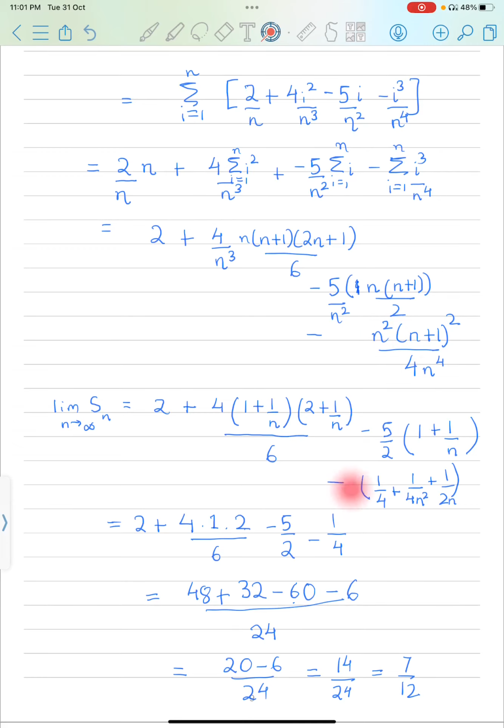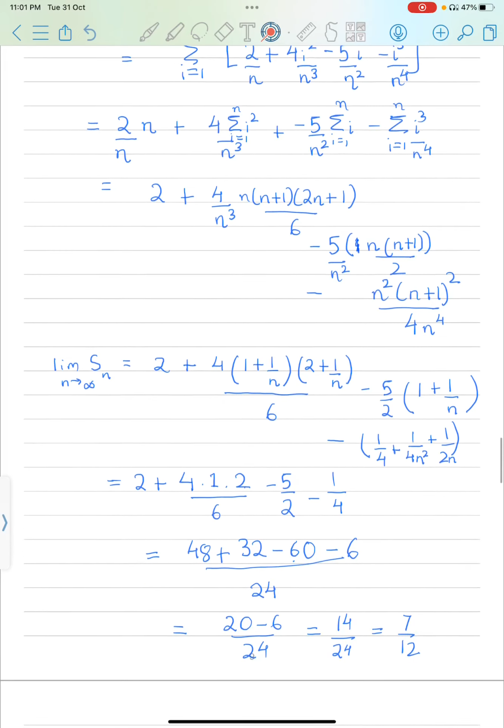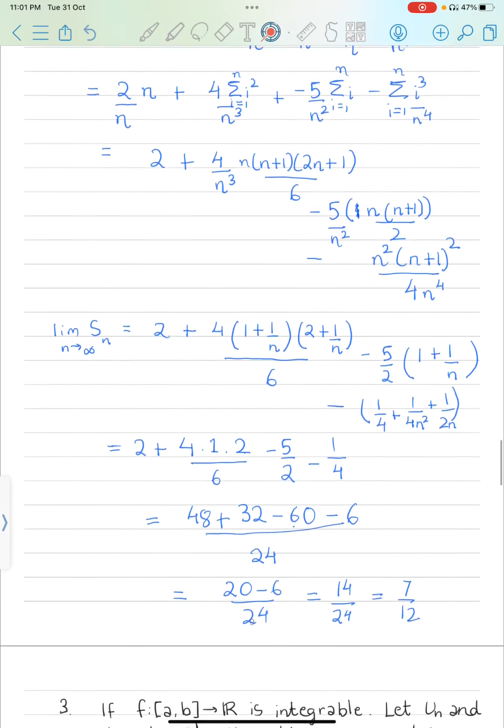You will get these terms. When n tends to infinity, this 1 by n will go to 0, this 1 by n will go to 0, this 1 by n will go to 0, 1 by 4n squared will go to 0, and 1 by 2n will also go to 0. So these are all the remaining terms. You can calculate it, and you will find that this is 7 by 12. So that's it for question number 2.